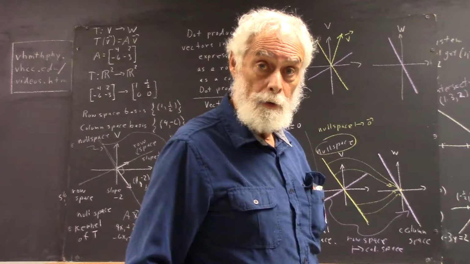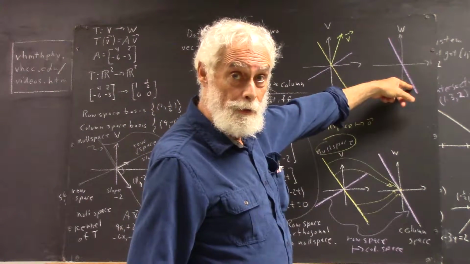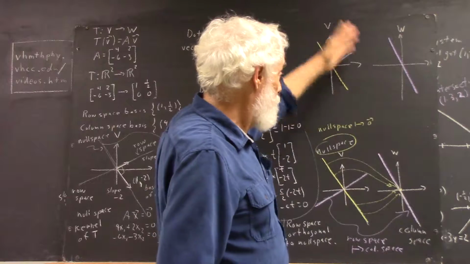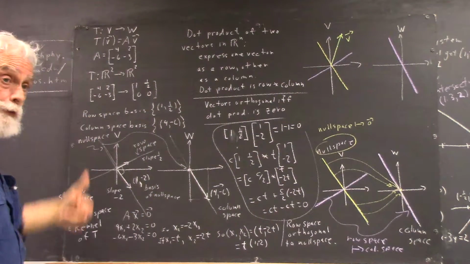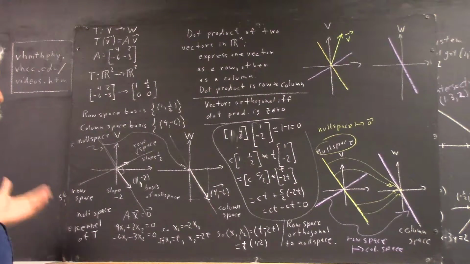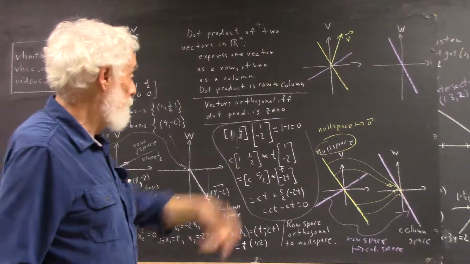Where does it go? Well, it has to go in the column space. There's no choice because the column space consists of all the vectors that you can get by doing this transformation. So that's it. Every vector goes to the column space.